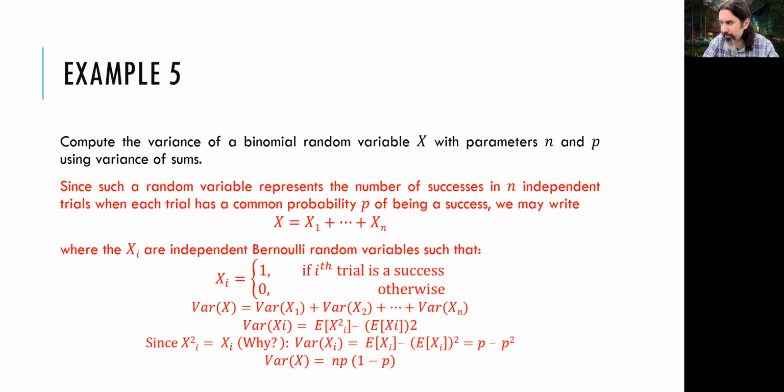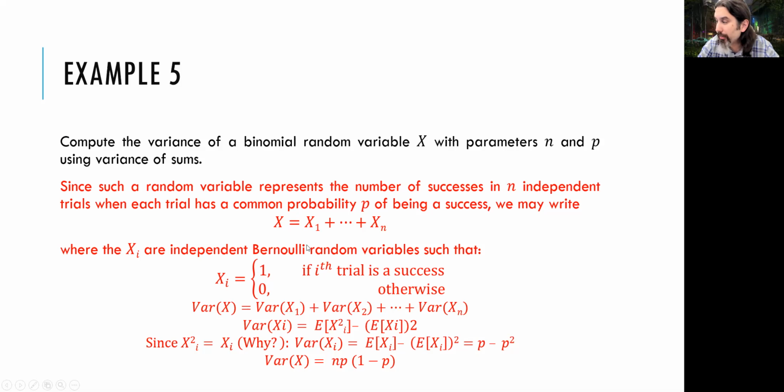Each of these random variables is an independent Bernoulli trial. So we're going to have to find the variance of each one of them. To find that, we need the expected value of each one of them, and then the expected value of their square. Now, xi is 1 if the trial is a success, and 0 if it's a failure.